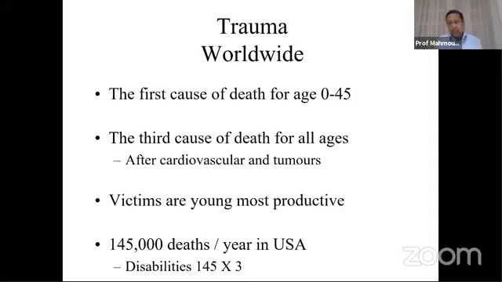Victims, unfortunately, are the young, most productive. They're responsible for their families and their economy, and their either death or disability is a major loss. And it is very disturbing to know that the death from road traffic accidents and polytrauma is much more than what happens in wars. And also disabilities is about 3 times than the death.